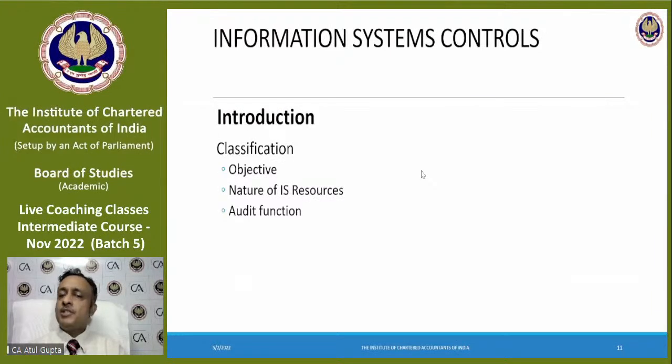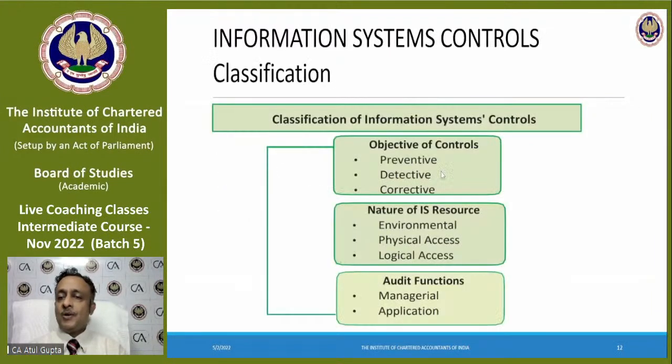Then we talked about information system controls. I generally ask this question, and somehow I missed it with you as a recap, as a revision: how do you define your CA result? So your CA result is preventive, detective, or corrective.